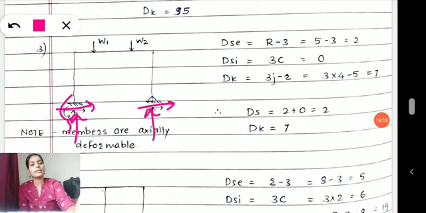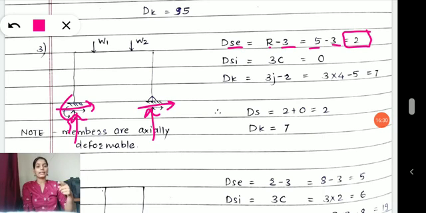At the hinge we said 2 reactions. So total reactions here are 5. Now DSE will be R minus 3, so 5 minus 3 gives an external static indeterminacy value equal to 2. Now DSI will be 3C. For frames the formula changes. The formula depends on how many cuts are required to make my configuration stable, which we have learned earlier, and C stands for the number of cuts required.